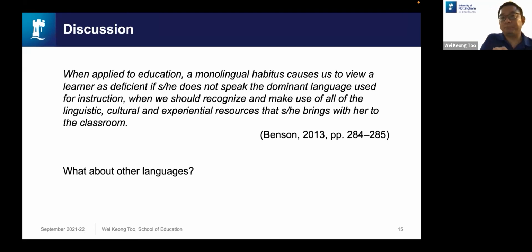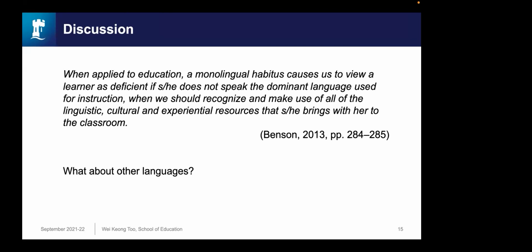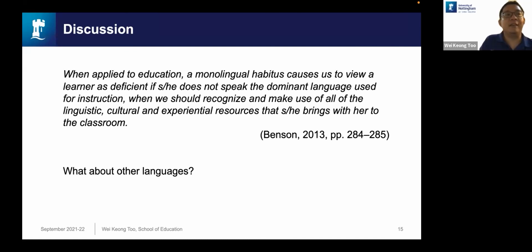So when we look at the English language curriculum, we cannot just look at it as national language versus English language. We need to look at the national language, the foreign language of choice, which is English, and other languages. How do you put them side by side? Because at the end of the day, to be a global citizen, you want them to be able to speak more than two languages besides the national language and English.